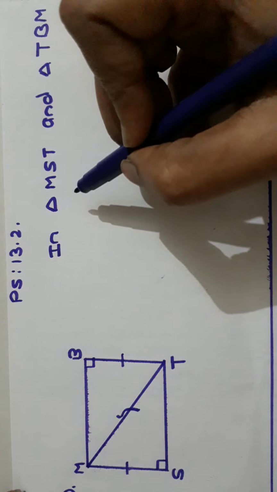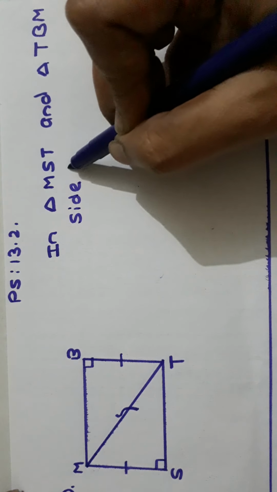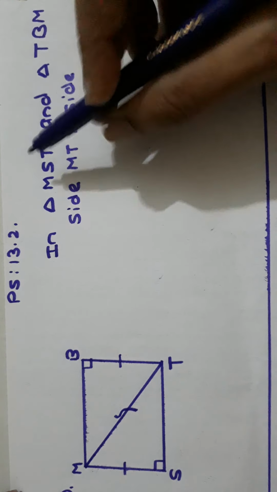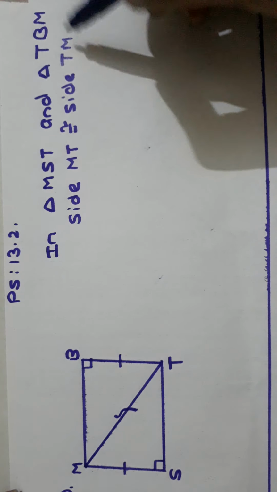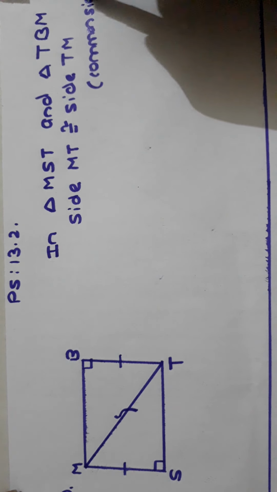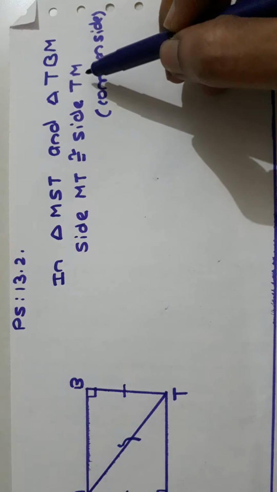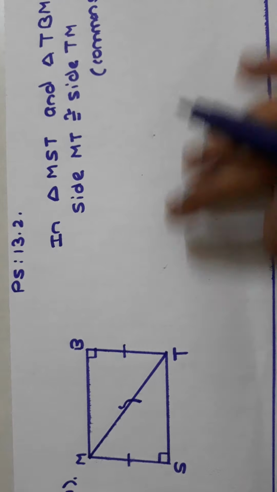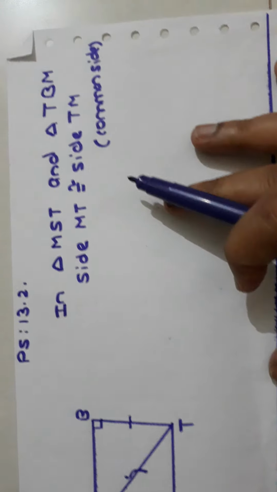So now write the congruent part. Side MT is congruent to side TM, common side. Or you can say hypotenuse MT congruent to hypotenuse TM. Now the next is MS is congruent to TB.